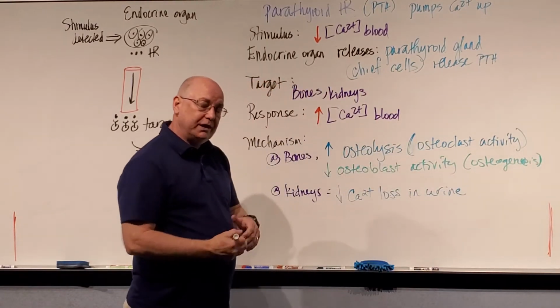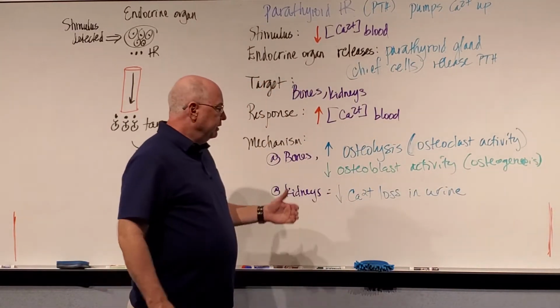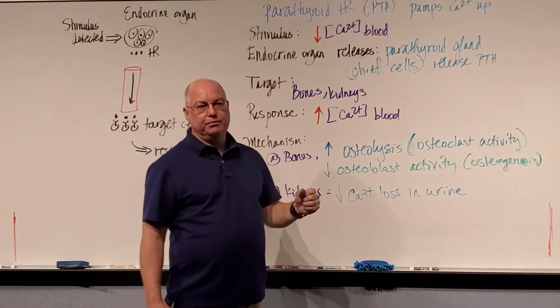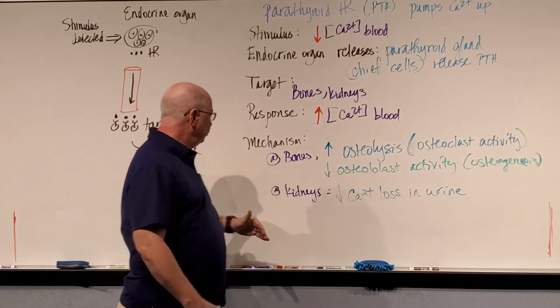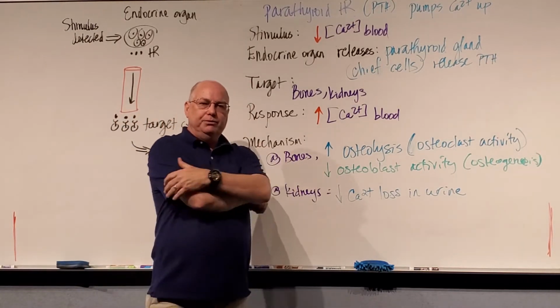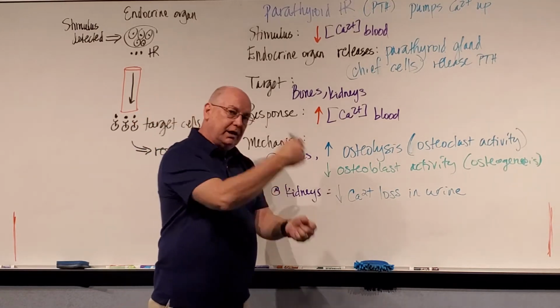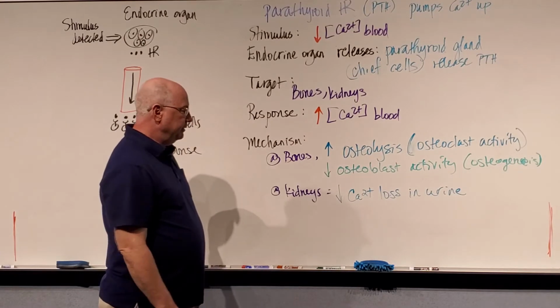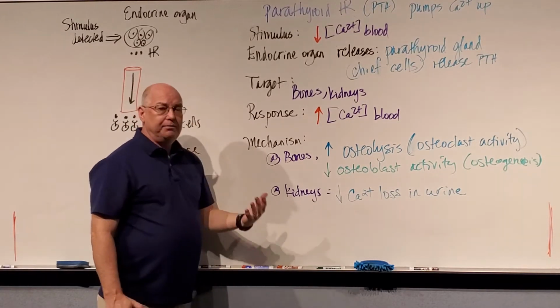It will make them work faster, so they build bone. But osteoblasts also have receptors for parathyroid hormone. And when parathyroid hormone binds to osteoblasts, they slow down and quit building bone. And the osteoclasts get busier releasing calcium so that we raise our blood calcium levels. Okay? So you should know all of that about parathyroid hormone.